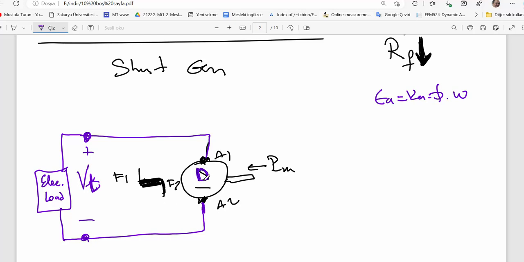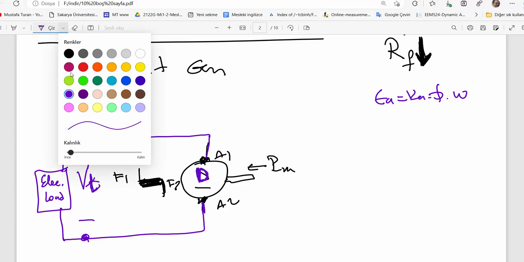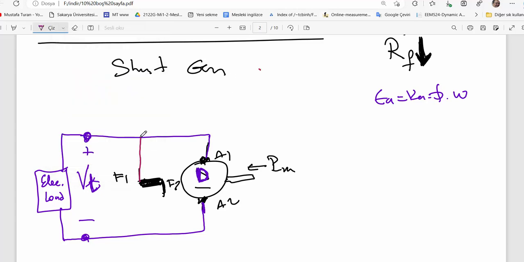There is no magnetic field yet. Yes, the magnetic circuit, the field circuit, must be connected properly. Since I have mentioned it was shunt, the field coil is connected in parallel, or shunt connected, to the armature. That is the shunt generator. It induces electromotive force.